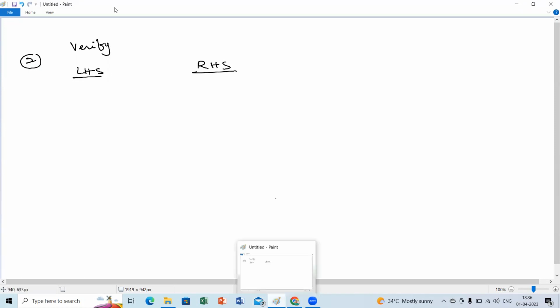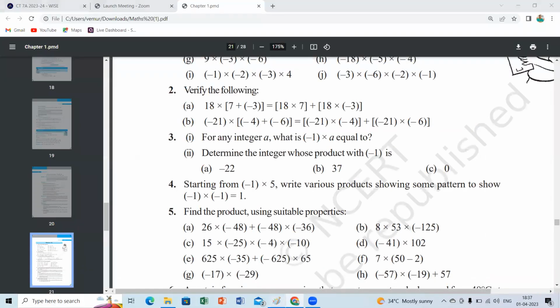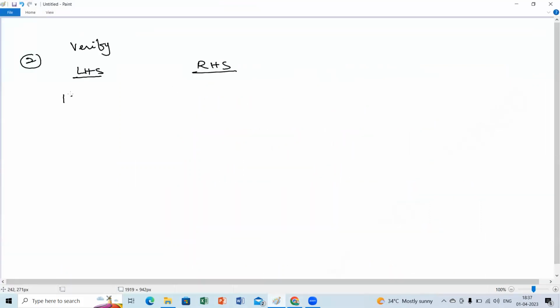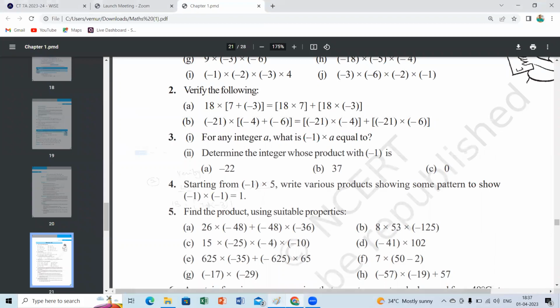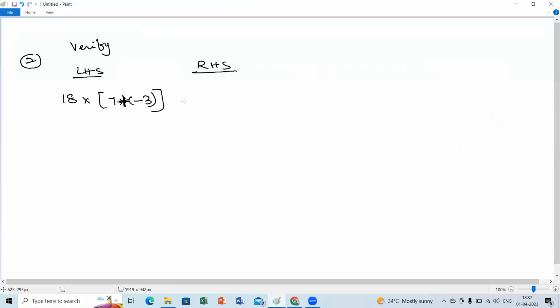They mentioned 18 multiplied with 7 plus minus 3. That's also equal to, they mentioned on the right side, 18 into 7 plus 18 into minus 3.